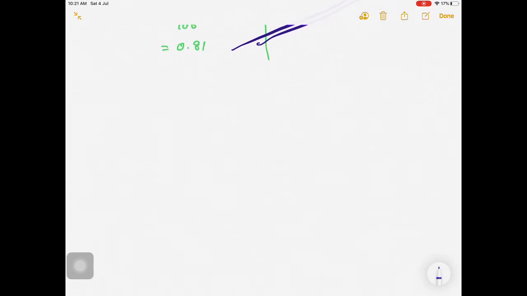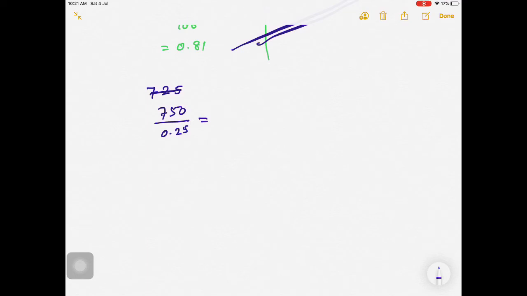Suppose we want to divide 750 by 0.25. Here you have 750 and in the denominator you have 0.25.